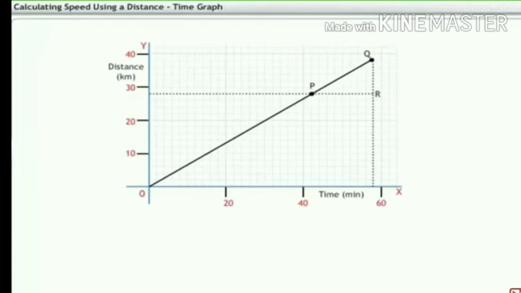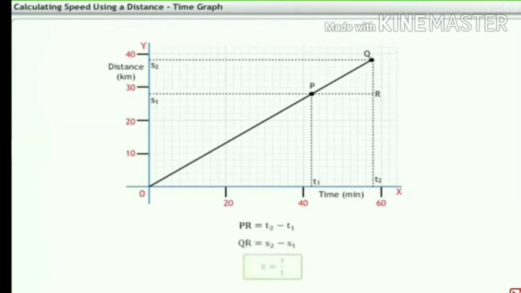Now on the graph, this PR denotes time interval T2 minus T1, while this QR corresponds to the distance S2 minus S1.